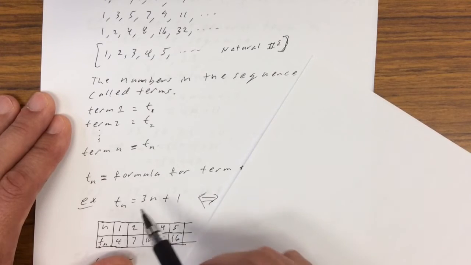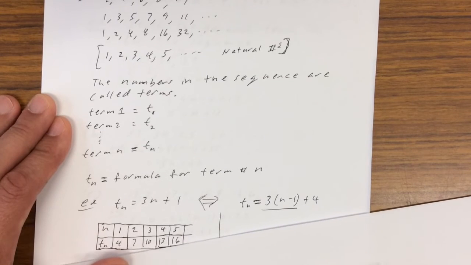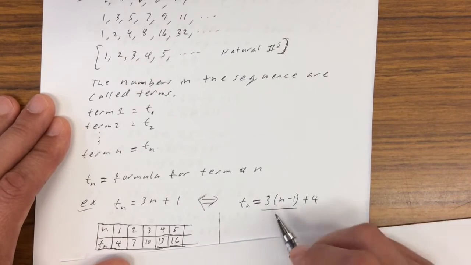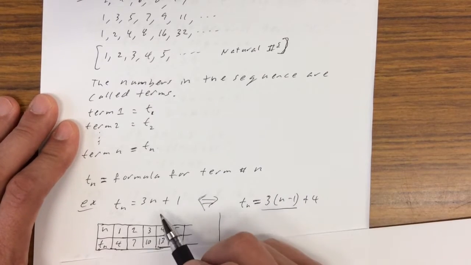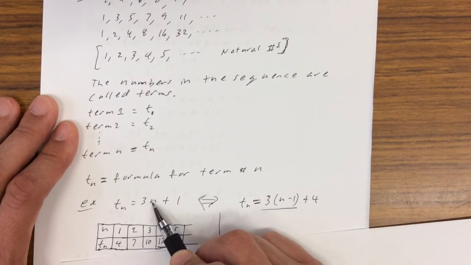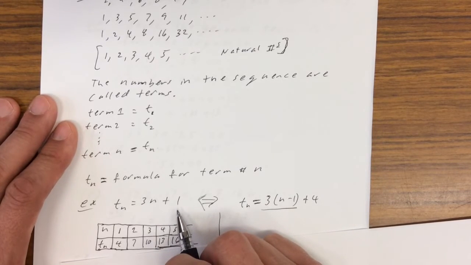Now, if I wrote this in a different way, like this, then basically, in this one here, if n equals 0, t0 equals 1. Well, we don't talk about the 0th term of a sequence. We talk about the first term of a sequence.